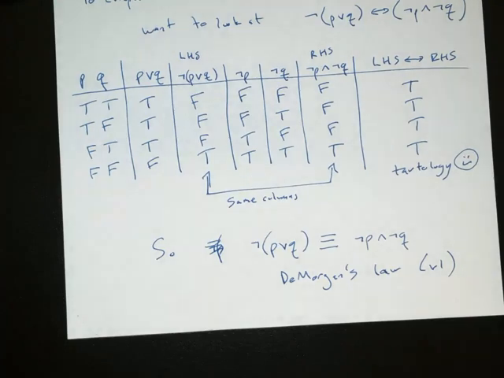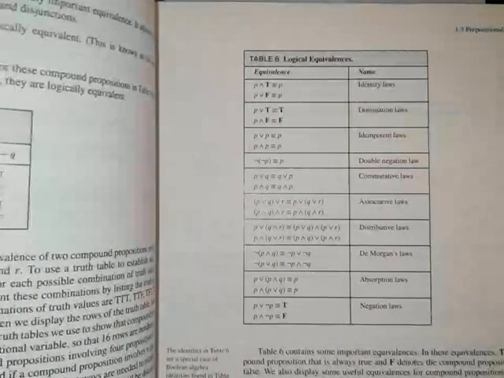I am right now going to guarantee you that there is a giant list that I have not memorized, and I doubt I ever will memorize. And I don't want you to memorize it either. On page 29 in the textbook, tables 6, 7, and 8, all about logical equivalences.